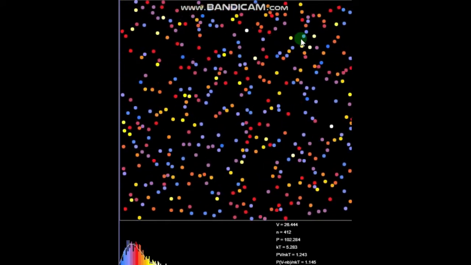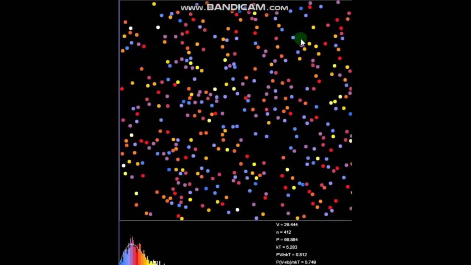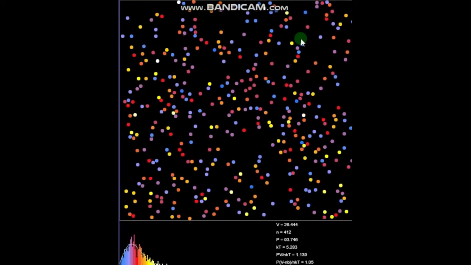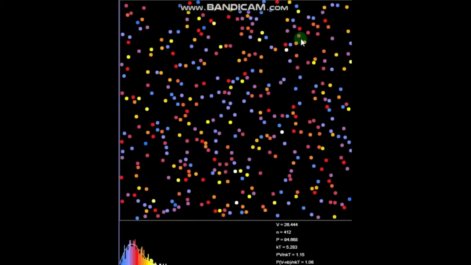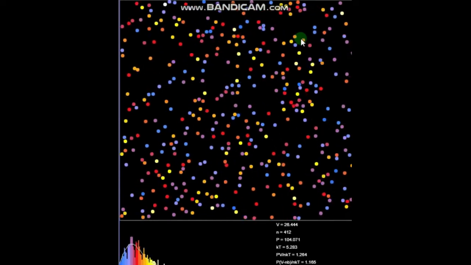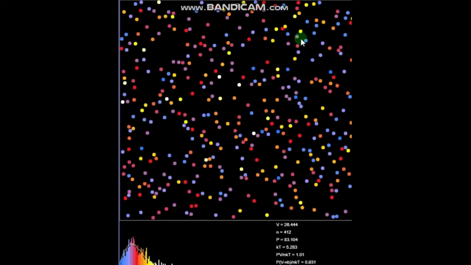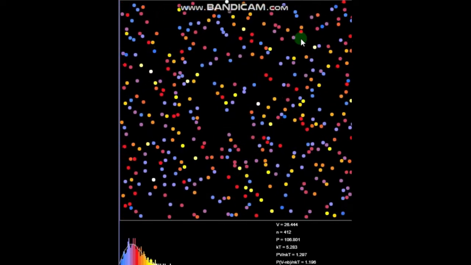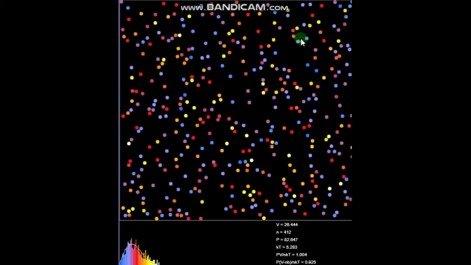The reason that it fluctuates a bit is because we've only got a relatively small number of molecules in this set. Of course, in a real molecular system, there would be an enormous number of molecules. As you'll know if you've studied statistics, the more individual trials you have in a system, the better the statistics are.